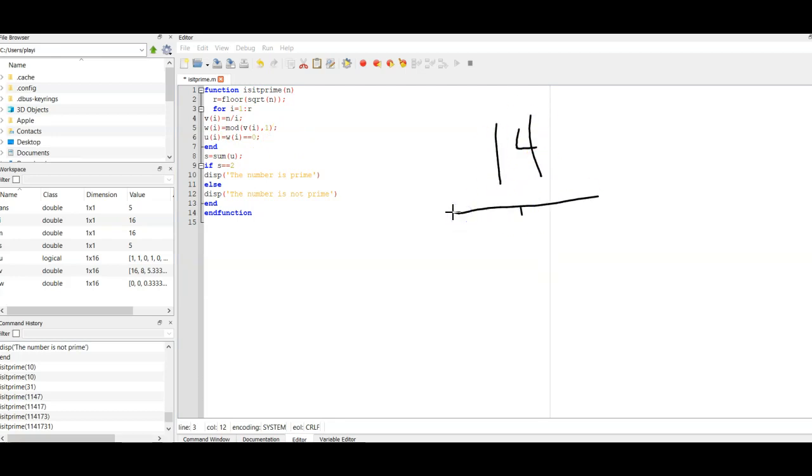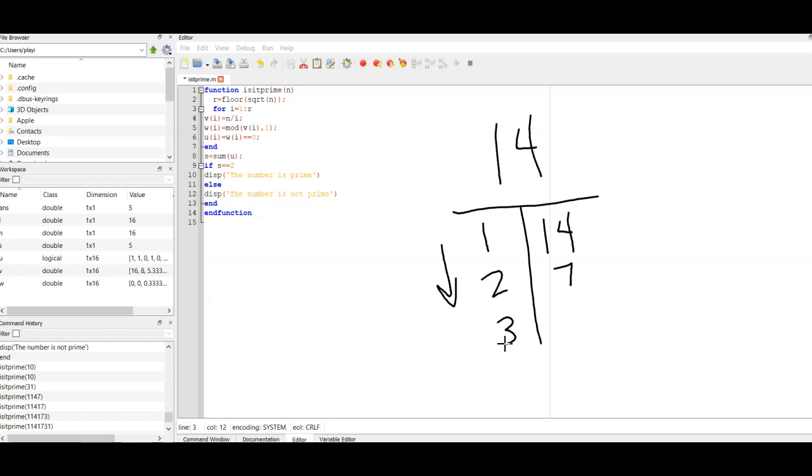Now we're working just down the left-hand side of these factor trees. The square root of 14 is something between 3 and 4, so this would stop at 3. Okay, so that's the idea.